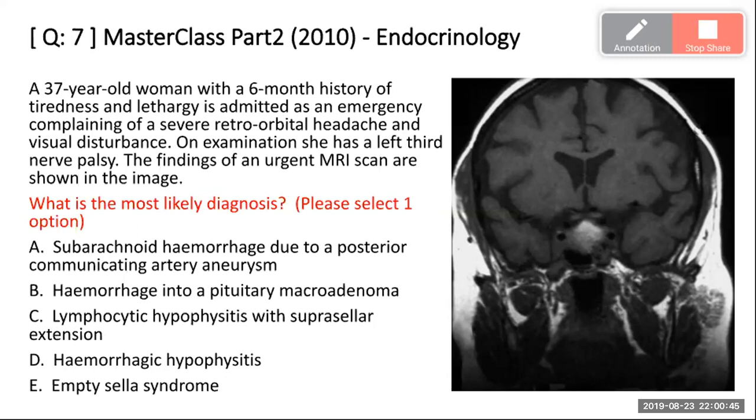Radiologically, we see that the pituitary stalk is enlarged, just like the image of a metastasis. When we give gadolinium, it gives a homogeneous enhancement of the anterior pituitary and the pituitary stalk. The enhancement is homogeneous for all of it.